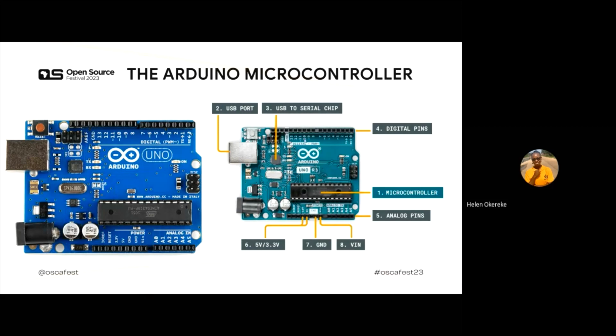So that is it. When you are connecting whatever you want to connect to this board, you also need to choose the pins you are using carefully. Now, this is a microcontroller. The item labeled 1 is the microcontroller. The Arduino is a microcontroller board, a development board, and other things are already on it.